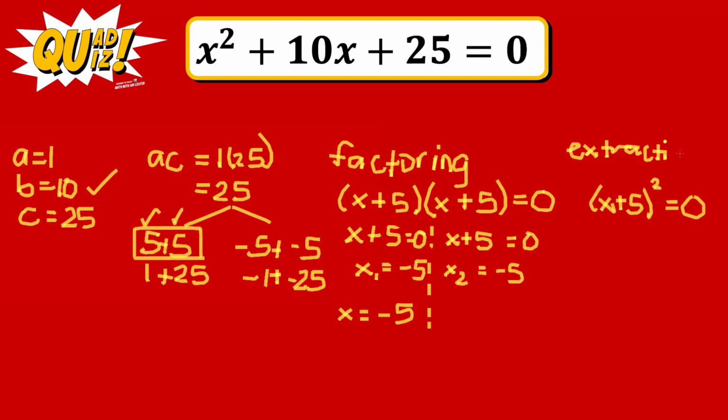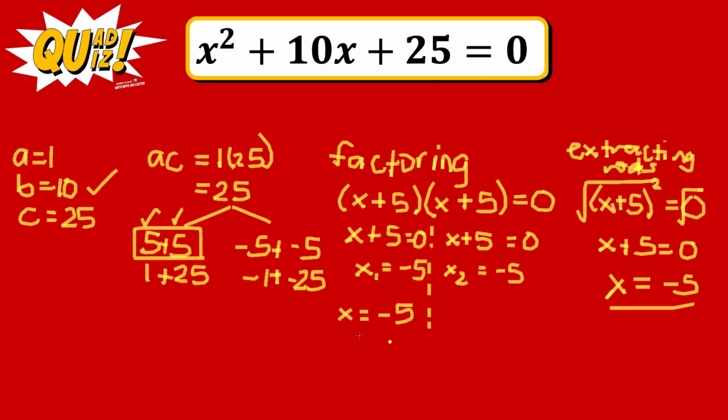Extracting roots, or specifically square roots, will allow us to take the root of both sides of the equation. Take the square root of here, so you'll have x plus 5 equal to the positive, negative, or 0 of 0. But of course 0 is non-negative, non-positive, so it stays as it is. And of course we'll have a result here, x is equal to negative 5.